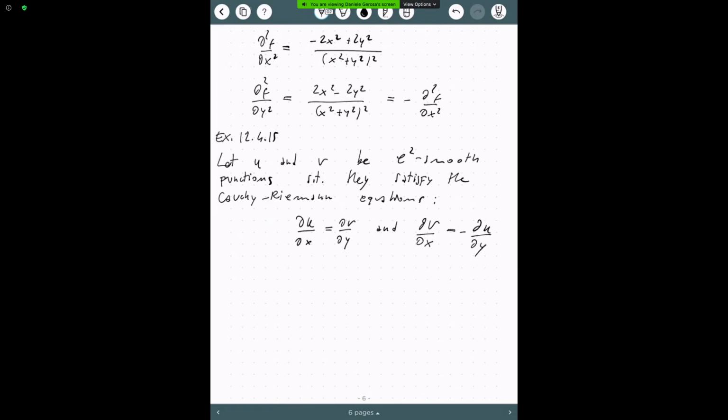So the claim is: let u and v be C2 smooth functions satisfying the Cauchy-Riemann equations. Then prove that both u and v are harmonic. So we want to prove that the Laplacian is equal to 0.